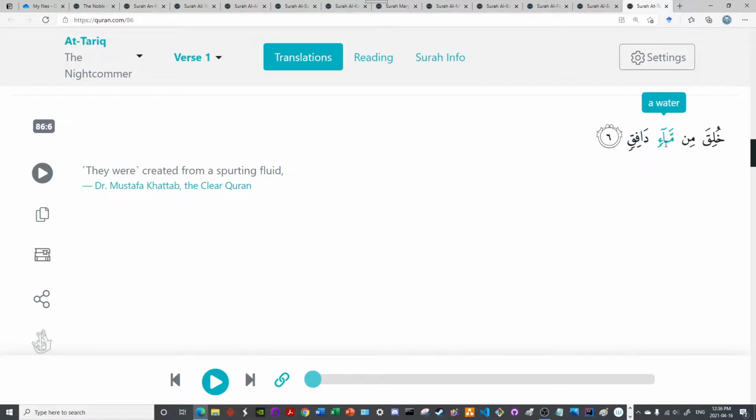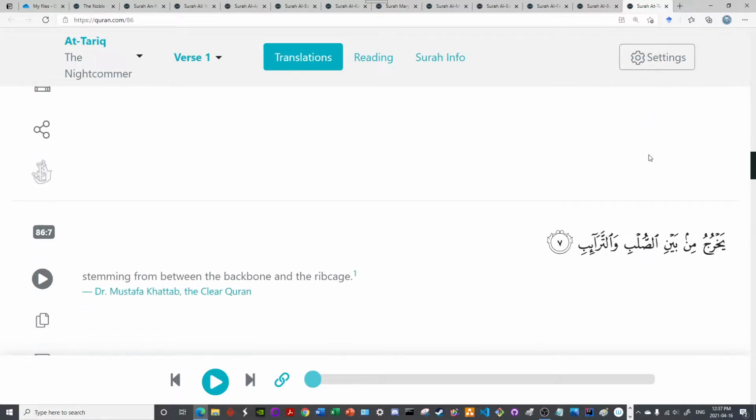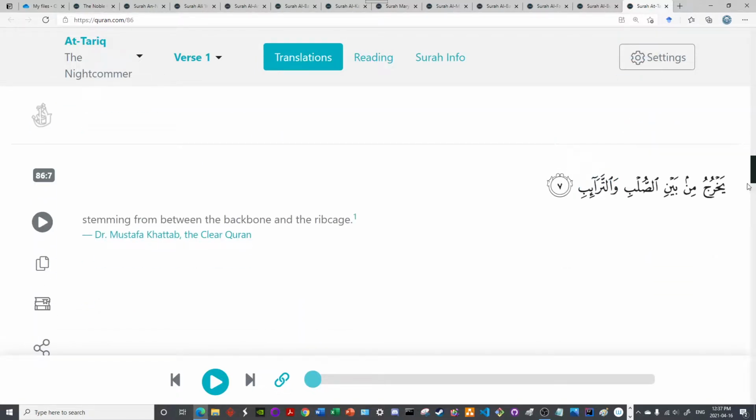Ejected liquid. Ma is liquid or water. And the ejected liquid here means the semen, and it is mostly water. خلق من ماء دافق, which comes from, and this is answered in the next verse, which is our next sentence.